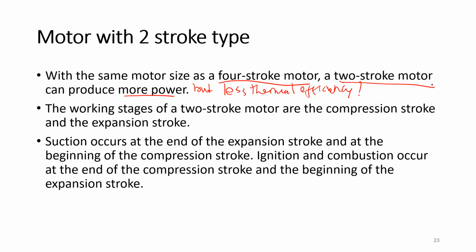So it looks like it will produce 2 times more power for the two-stroke motor. But for the efficiency, can anyone give another reason why the efficiency in the two-stroke motor is less compared with the 4-stroke motor?